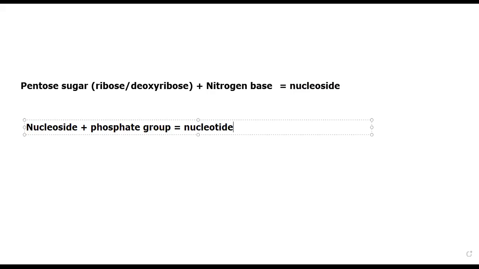So, pentose sugar connected to nitrogen base, product is called nucleoside. Nucleoside and phosphate group connected, now the product is called nucleotide. Could you please take a white sheet and mark it down?